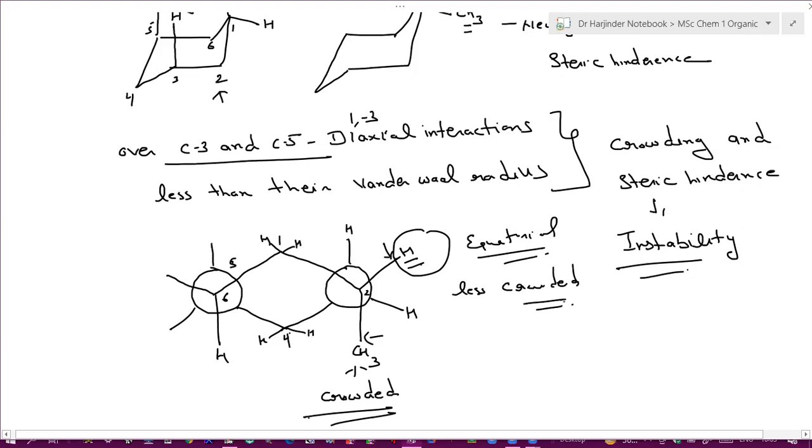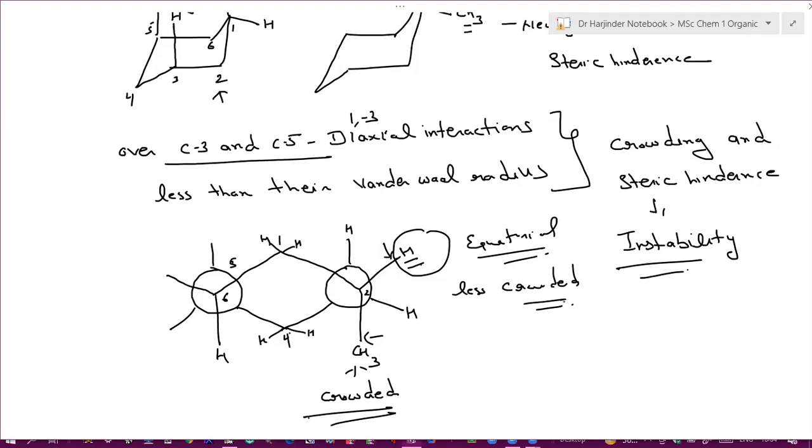So whenever substitution takes place, the new substituent group goes over the equatorial position. Why? Because at the equatorial position there is less steric crowding, but when it goes over the axial position, there are 1,3 diaxial interactions, due to which there is steric crowding and steric hindrance that result in higher energy and instability. So is this clear?